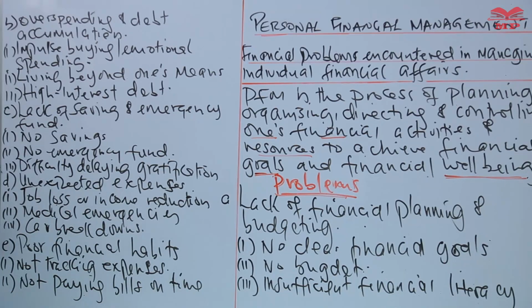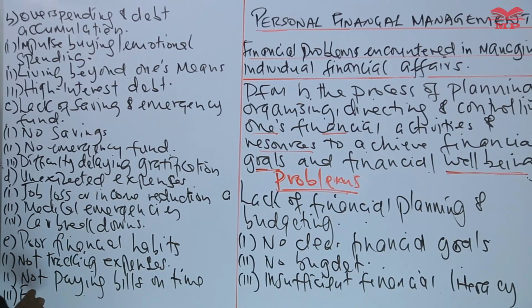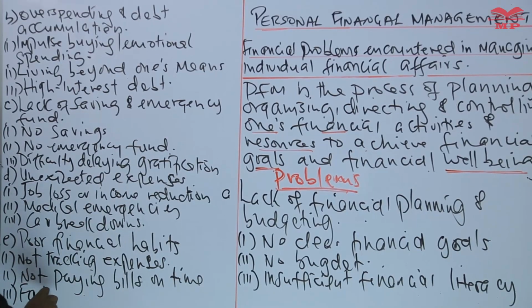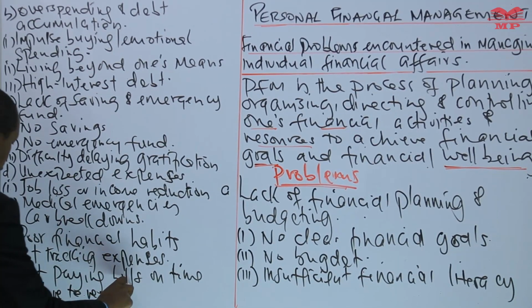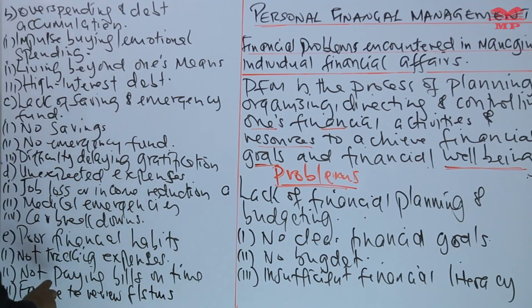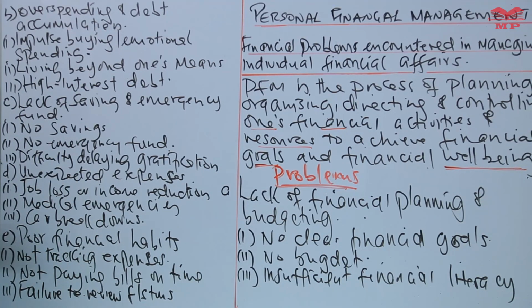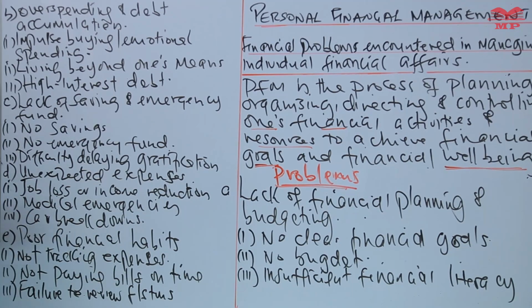Failure to review financial statements. That is if one has the financial statements in the first place, because you can only review financial statements if you have them.